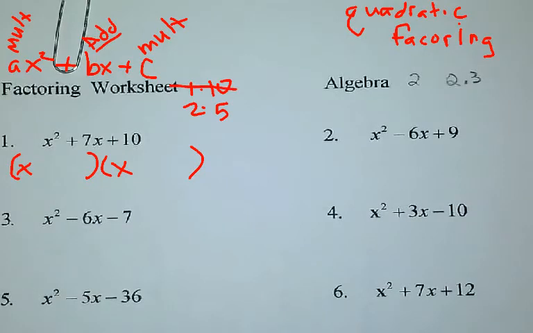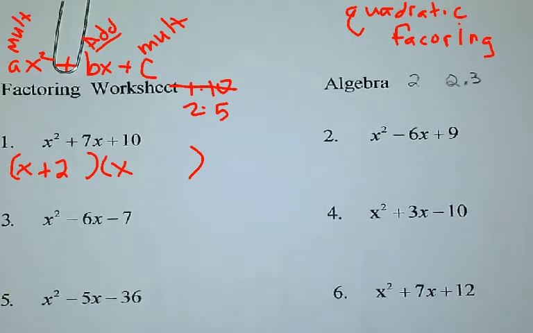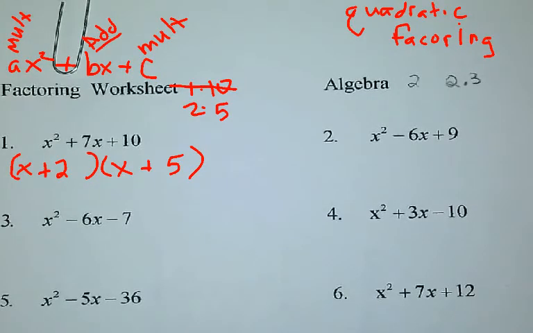So this one doesn't work, and this one does work. So what I have to write here is x plus 2 and x plus 5. That's my job, I need to be able to figure that out. Now, as we go down the list, I'll just do this column here, and then maybe we'll work on those over there as well.